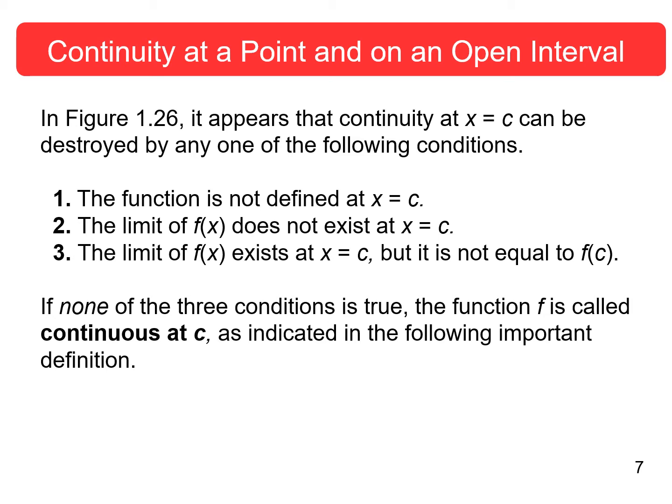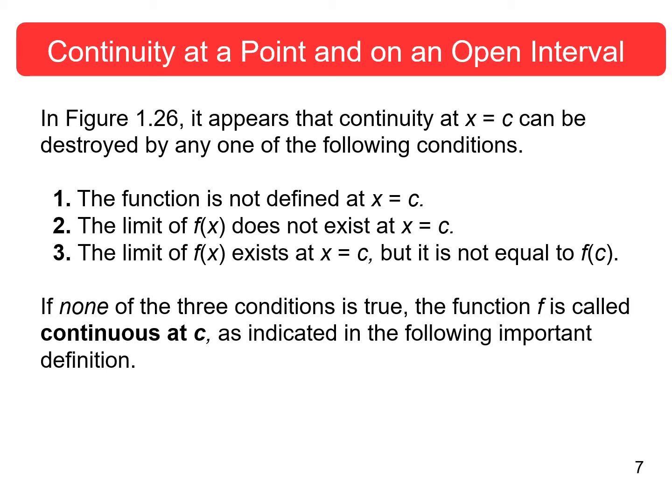Second, when the limit of the function f of x does not exist at x equals c, when there's a break. And third, when the limit of the function exists at x equals c, but it is not equal to f of c. This is when you have a hole, and then there's a point on other parts of the graph.